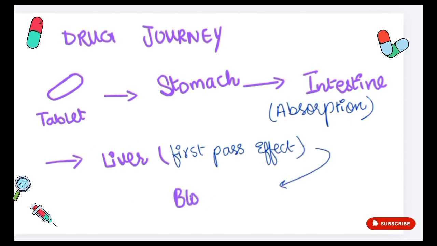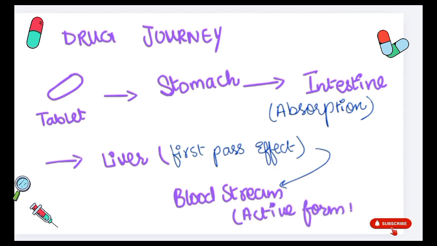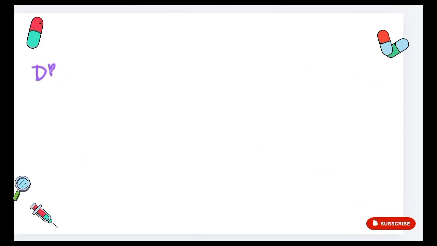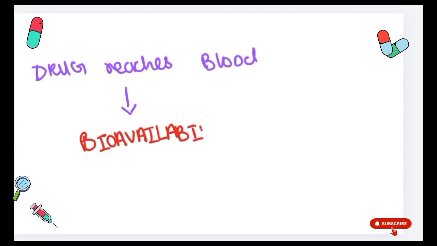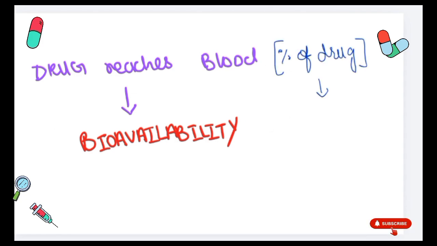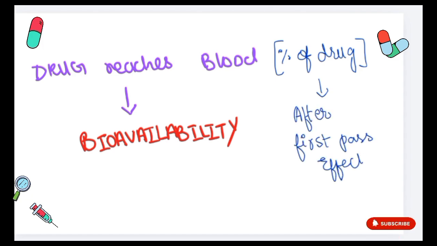For now, we can say only a portion of the original dose reaches systemic circulation, which is also the active form of the drug. If we summarize now, the drug reaching the blood is bioavailability. That is also the percent or fraction of the drug that reaches the bloodstream after the first pass effect, that is, after the drug is metabolized by the liver.